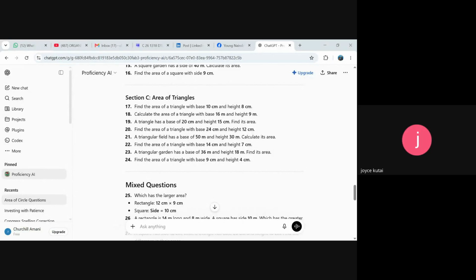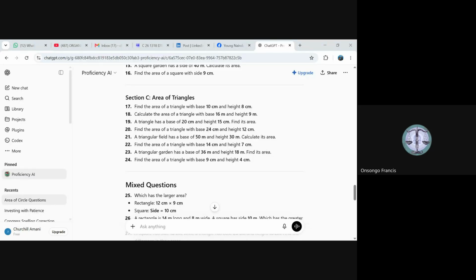Question 23, a triangular garden has a base of 36 meters and height of 18 meters. Find its area. Area is equal to half base times height, which is a half times 36 times 18 to give us 324 square meters. Let us appreciate, then the next question.